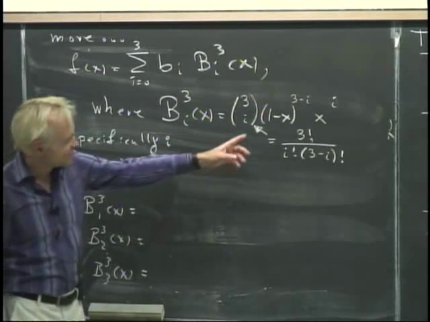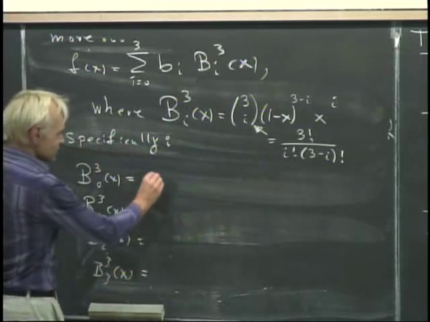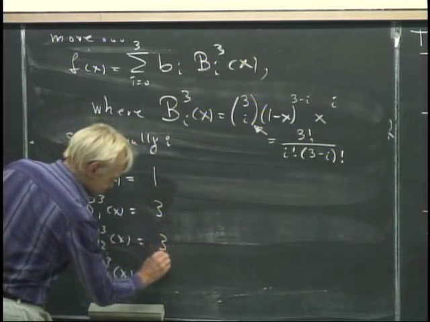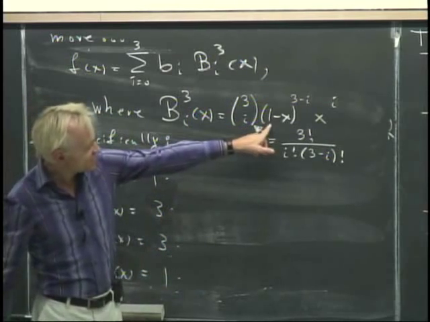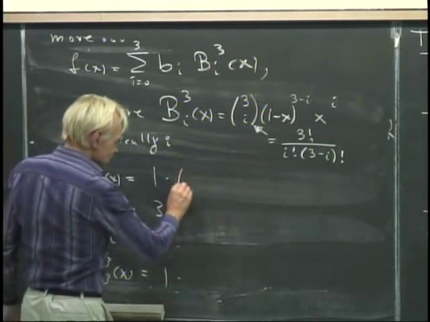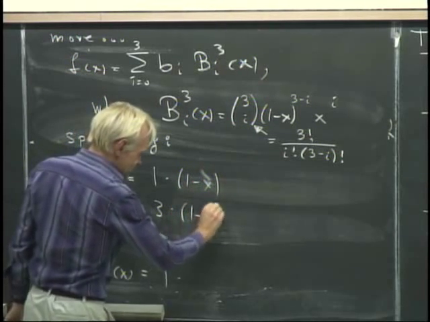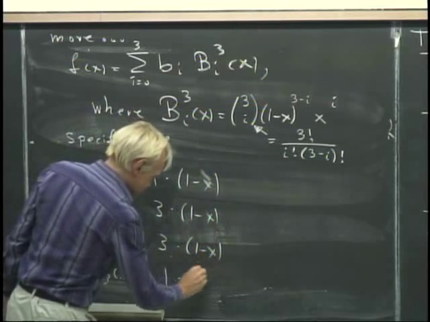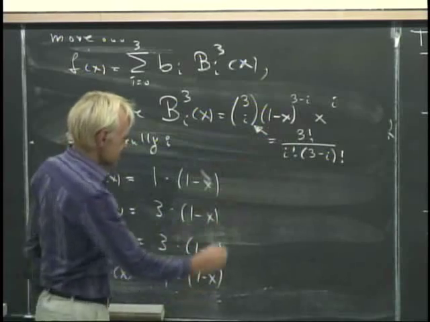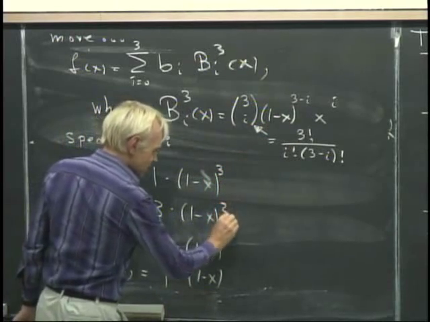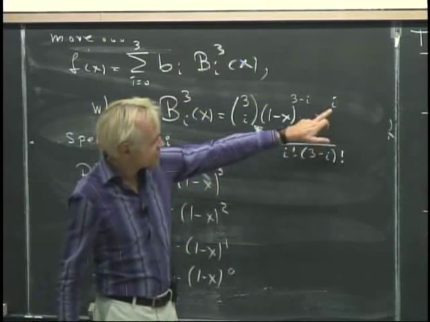There's always a pattern. You let I go from 0 to 3 and you see 1, 3, 3, 1, times the powers of 1 minus x. It starts with power 3 and then goes down, and the power of x goes up from 0 to 3.